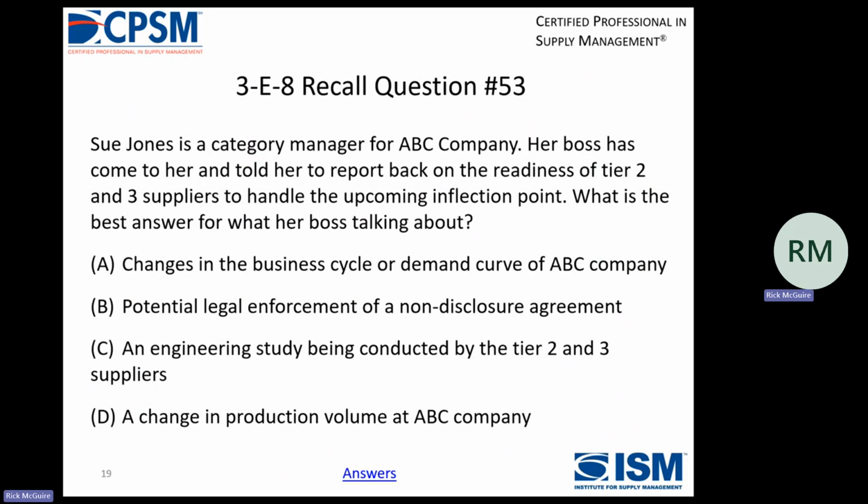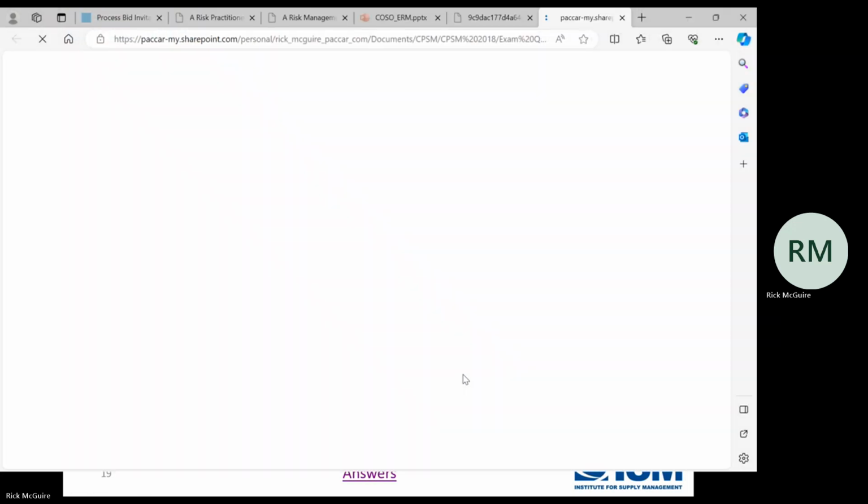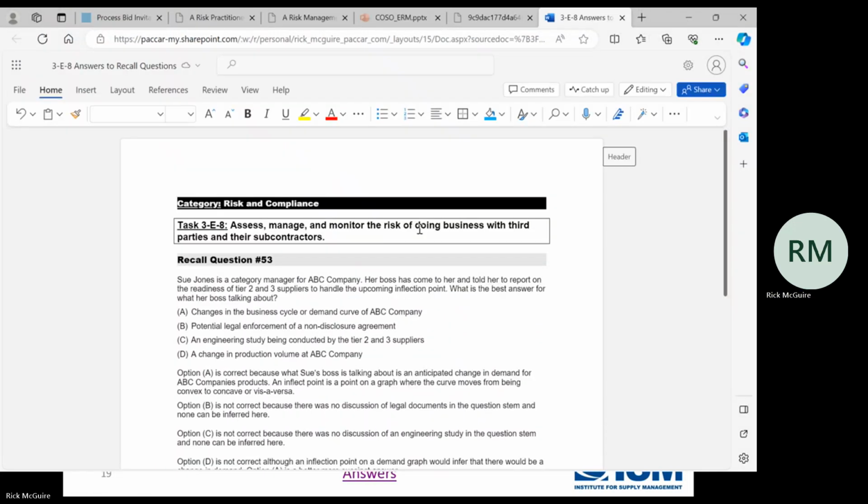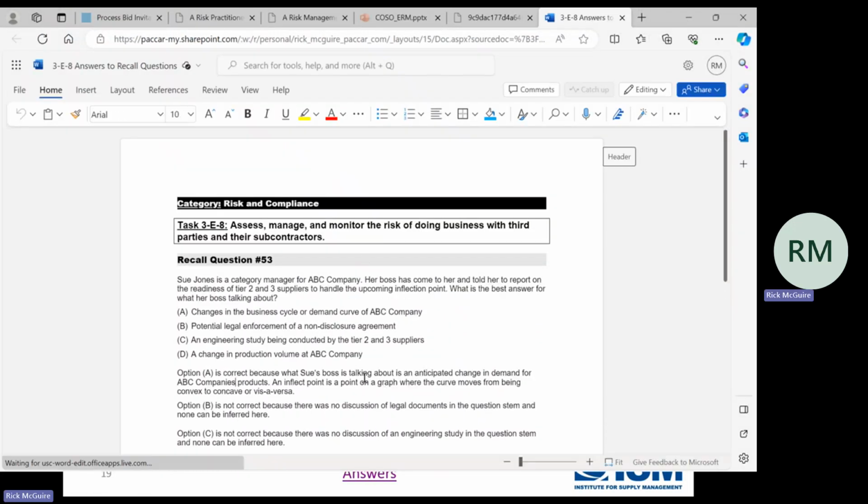Changes in the business cycle or demand curve of ABC Company, potential legal enforcement, engineering study, a change in production volume at ABC. So B and C you can probably throw out. It's going to be A or D. And they're talking about an inflection point, so I'm thinking it's going to be the demand curve. Let's see what we got here. Yep. Anticipated change for demand in company's products.